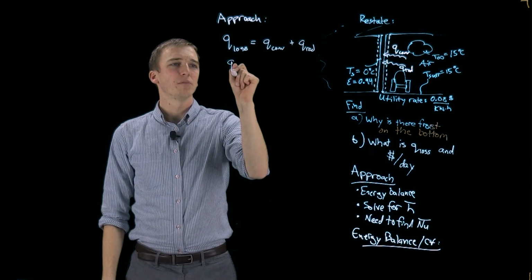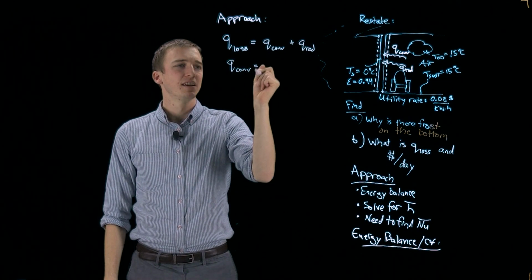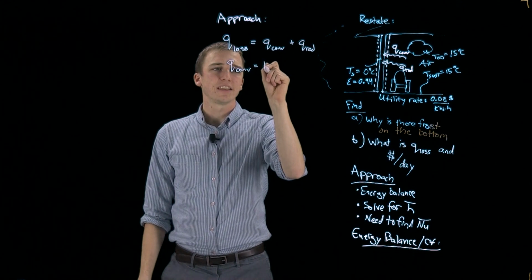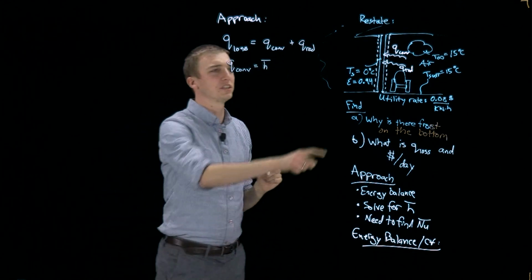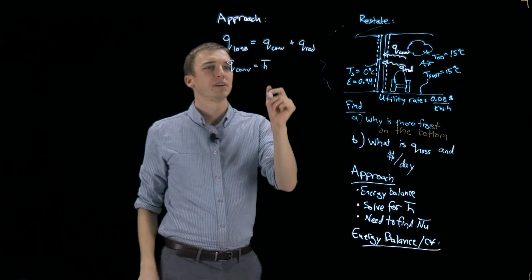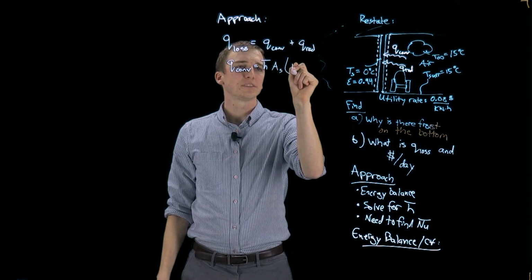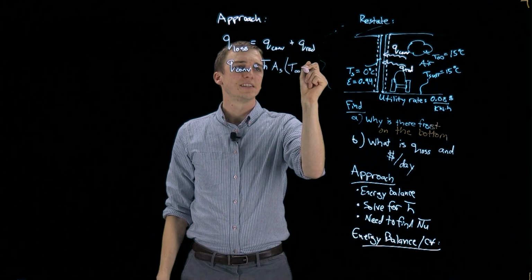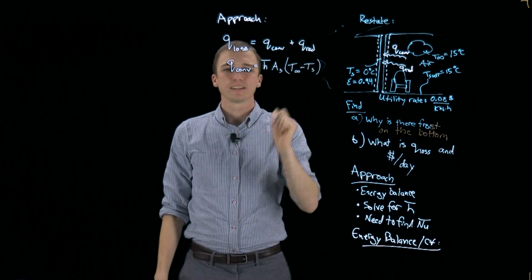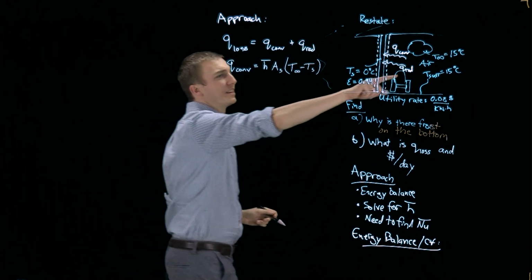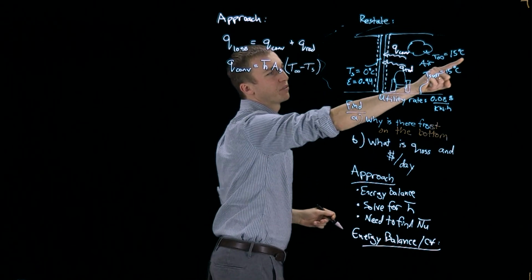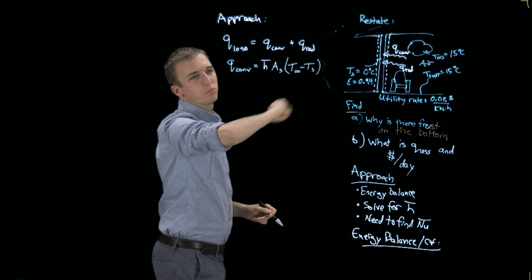Okay, well, we can write each of these as convection is the average heat transfer coefficient for the entire window times the surface area of the window times, and then the way we're going to write this is T infinity minus Ts, because heat is transferring not from the window into the room, but from the room into the window.